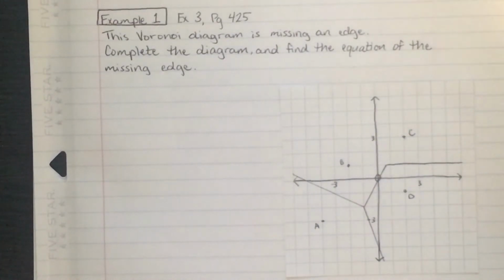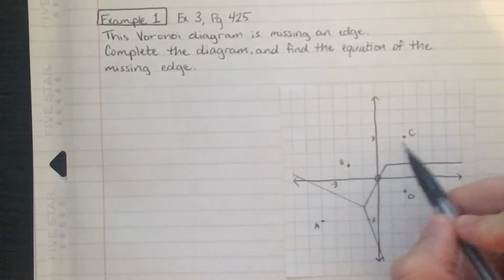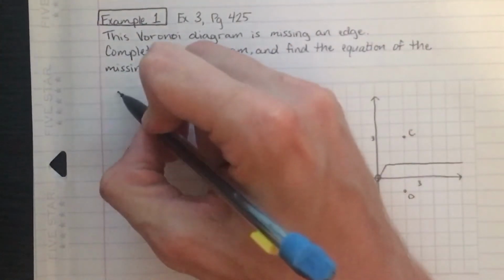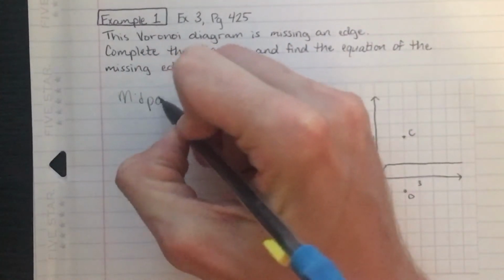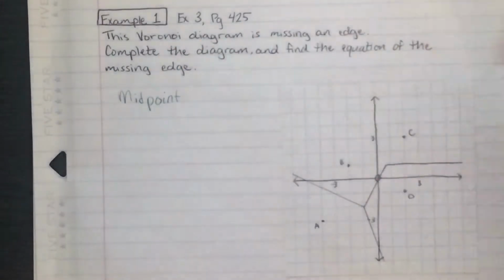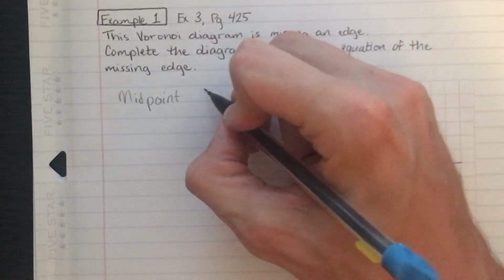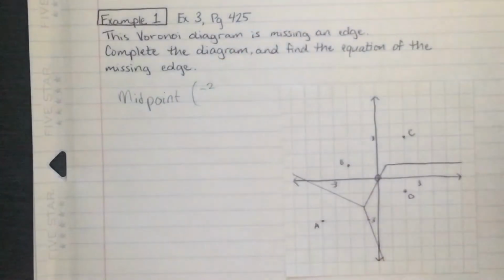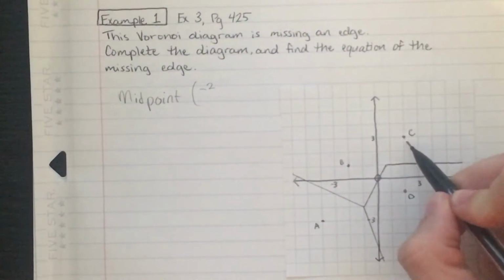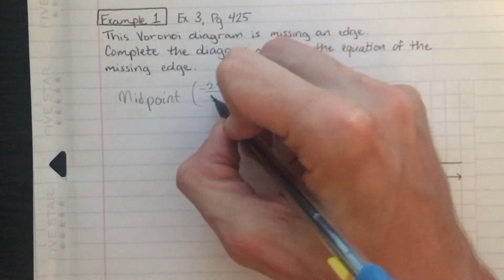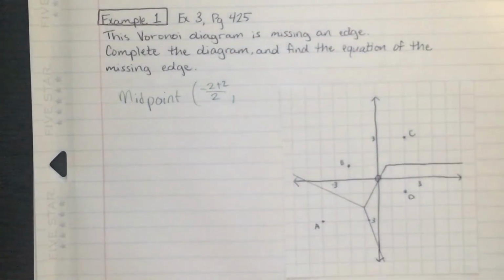To get the perpendicular bisector here, the first thing we need is the midpoint. To get the midpoint, we're just going to add the x coordinates together. This x coordinate is -2. We're going to add that to the x coordinate here, which is 2. So -2 plus 2, divided by 2. That's how you find a midpoint.